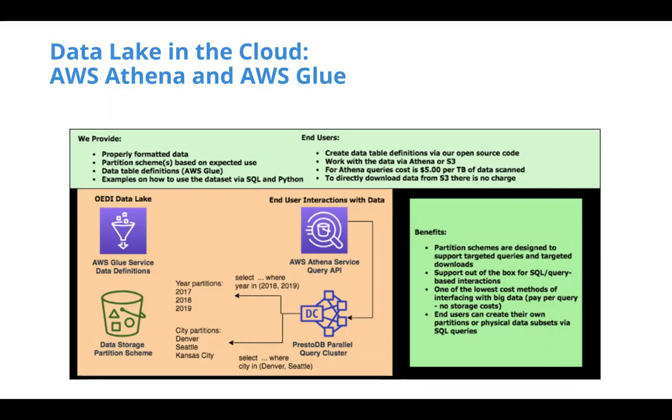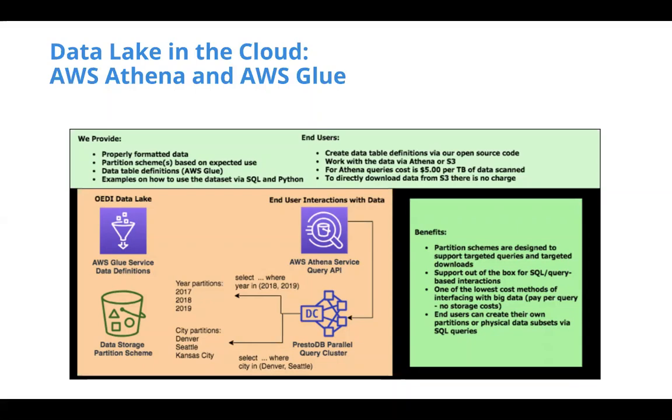So some of the benefits: partition schemes are designed to support queries and targeted downloads. We support out-of-the-box SQL again. It's low cost. To use some of the Amazon services, we provide code to get you started with that, but they do charge for some throughput. It's typically pretty low.